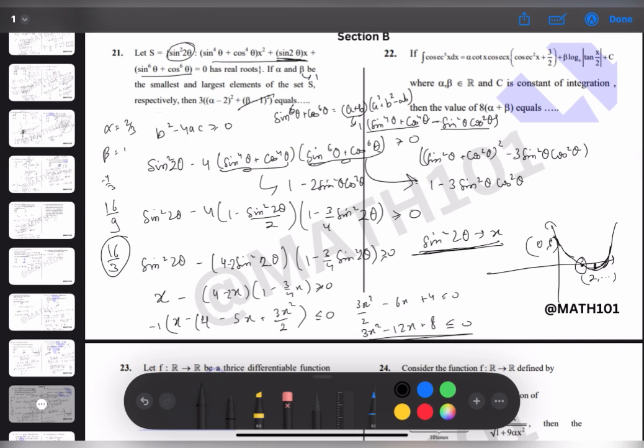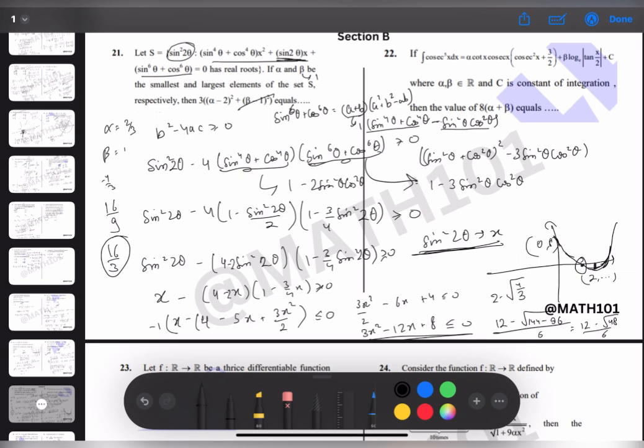Lower root is minus b minus under root of b square, which is 144 minus 12 into 8 is 96, upon 6. 12 minus root 48 by 6, which is 2 minus root 48 by 36, which is 4 by 3.